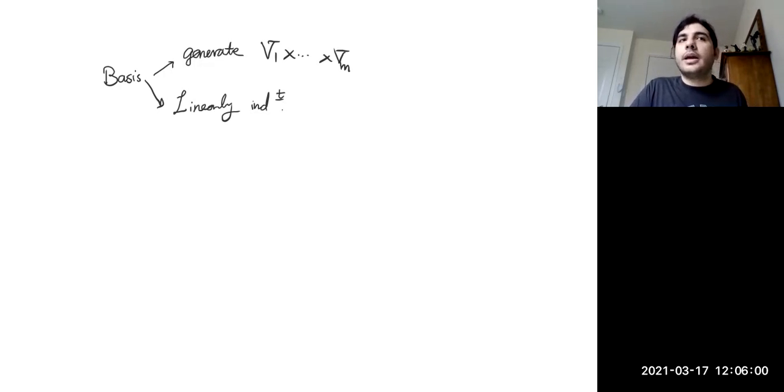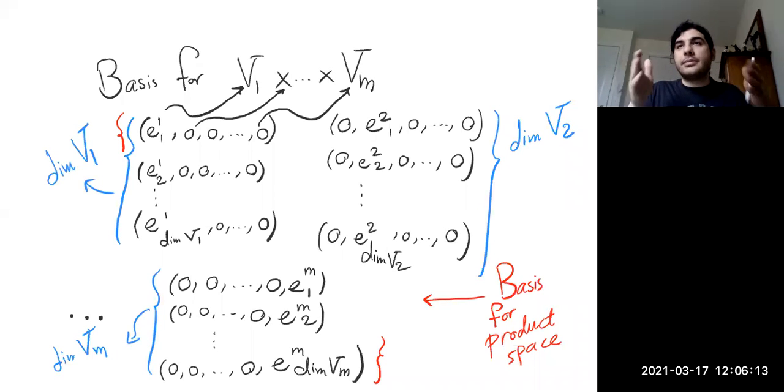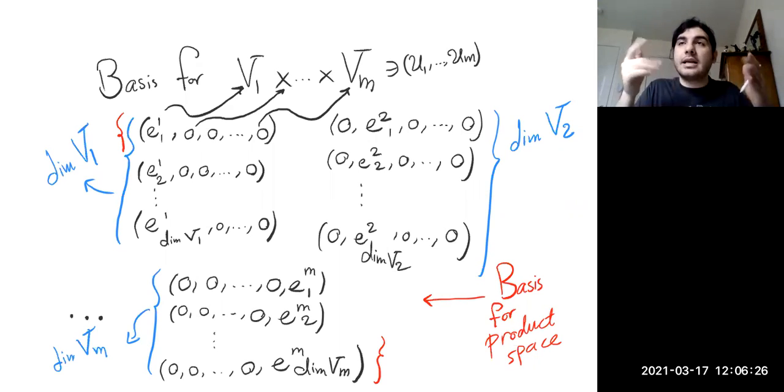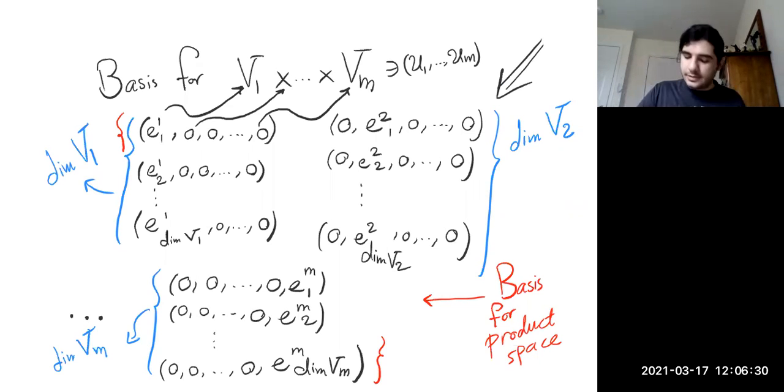Why do they generate all this vector space? Well, any vector in this product space can be written as a linear combination of the vectors appearing in this page. So any vector here, say (u1, ..., um), I can write as a linear combination of these vectors.